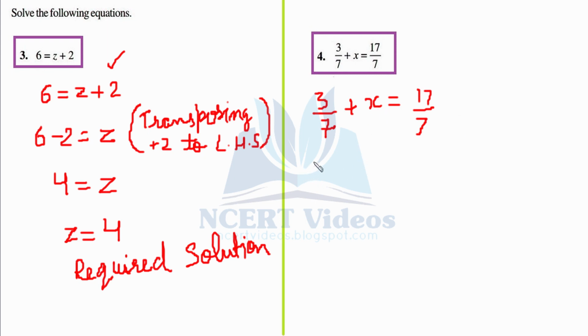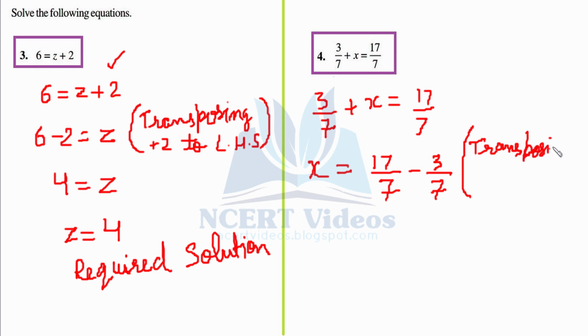Positive x as it is, that equals, on the right hand side we have 17 over 7, and now we are transposing it. It was positive, it will become minus 3 over 7, and the reason could be written as, so you are required to write these reasons because you are in the learning phase right now. Transposing, what are we transposing?